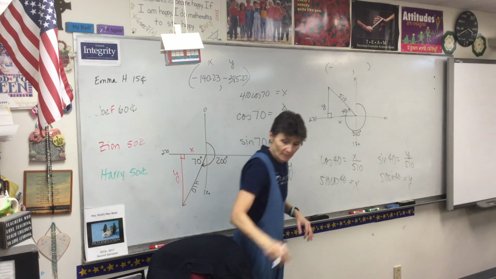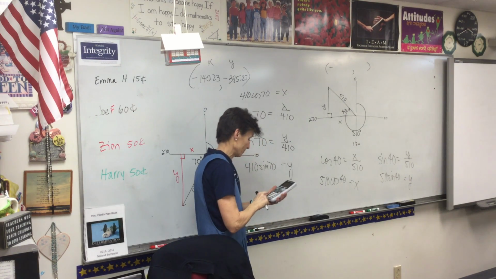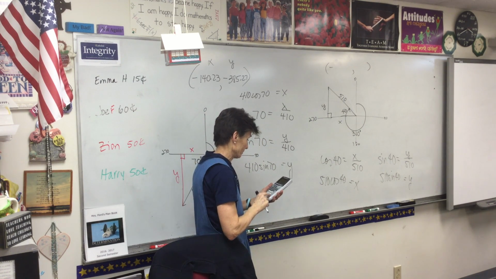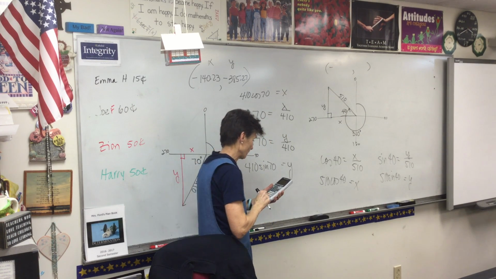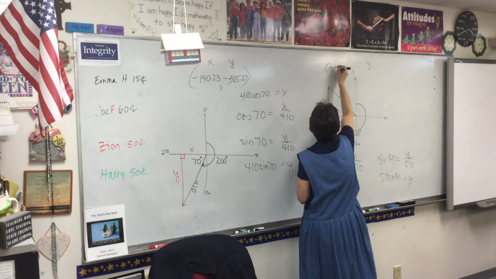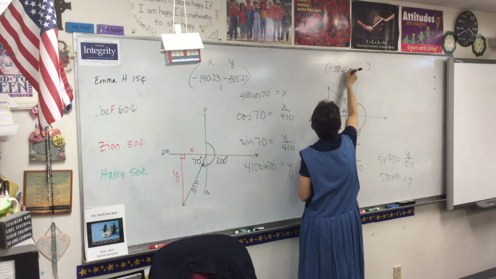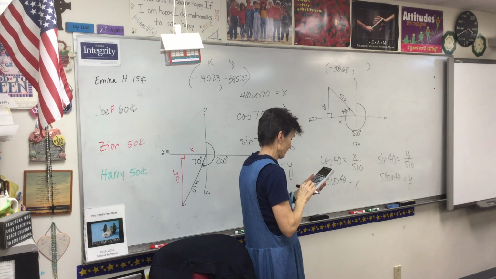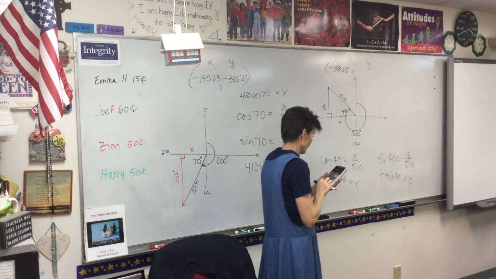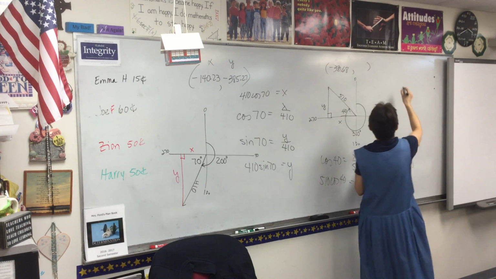So I'm going to type that in on my trusty calculator. Oops, 510. 390.68 negative. Yeah. And then 327.82. Yep.